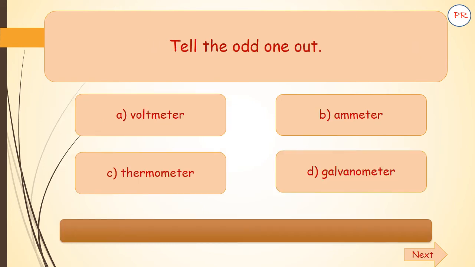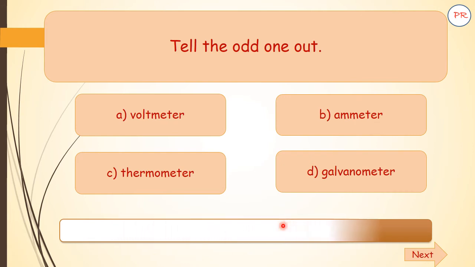Tell the odd one out. A. voltmeter, B. ammeter, C. thermometer, D. galvanometer. Your time starts now. The correct answer is C.